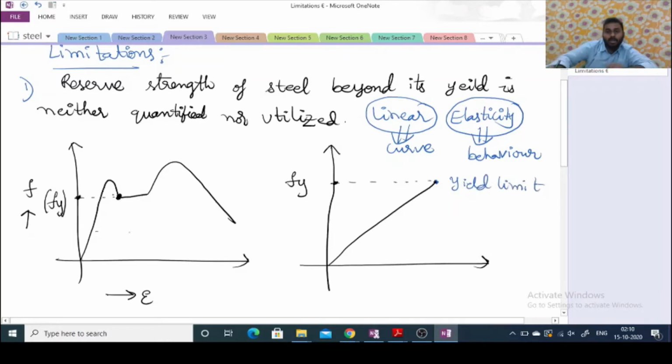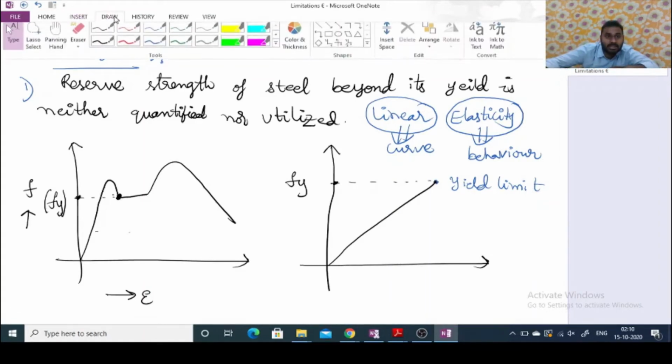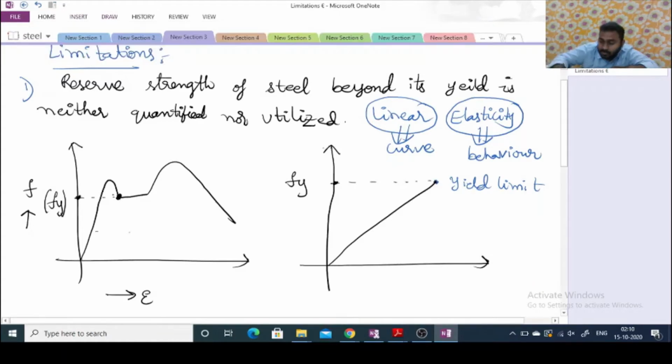Undoubtedly the permissible stress is less than this yield limit. Suppose we assume the axial tensile or compressive case, it is 60% of Fy. Let us write it as permissible stress.